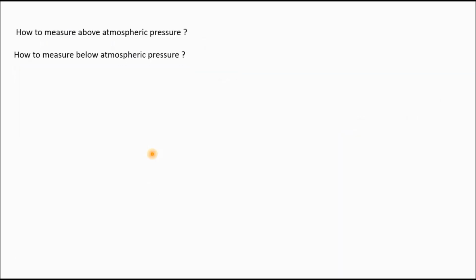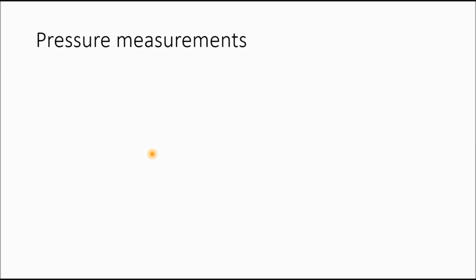Okay, how to measure above atmospheric and how to measure below atmospheric pressure is very important. We only talked about sea level or atmospheric pressure. What if it goes above the atmospheric, or falls below the atmospheric pressure, how can we measure it? For pressure measurement, they made a graph.